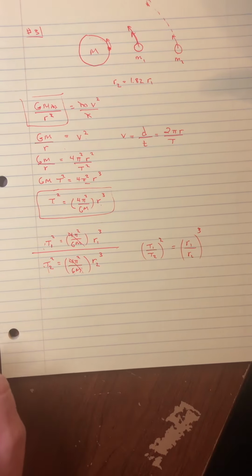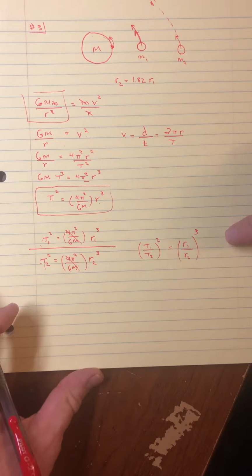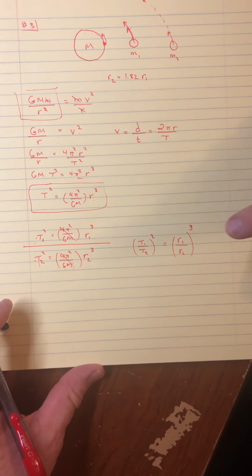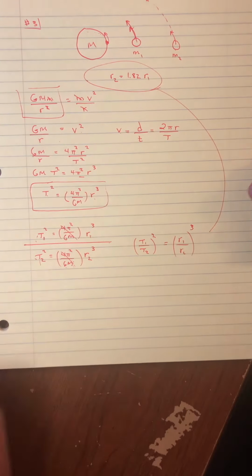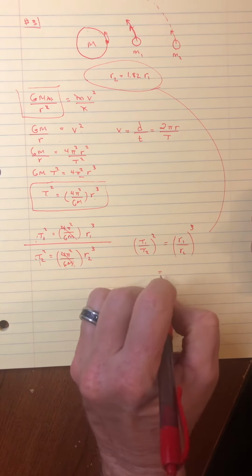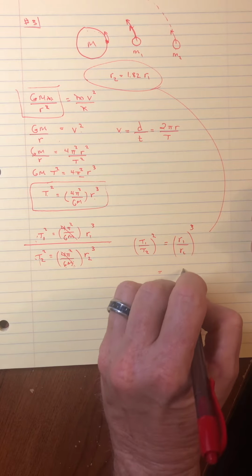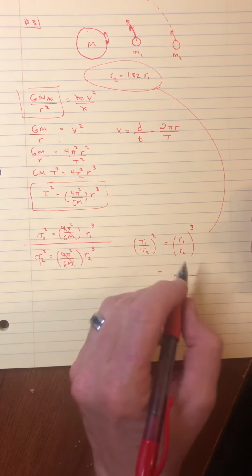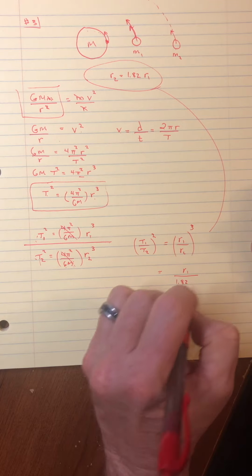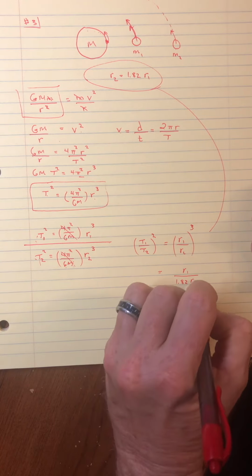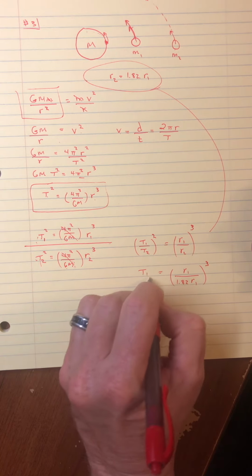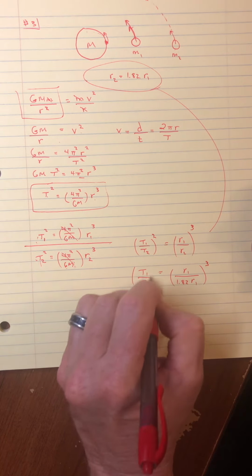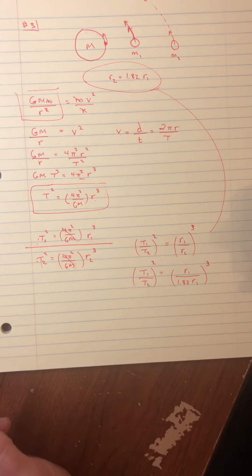So this is really where we want to start our calculation, because remember earlier on they told us this ratio. So this would say that if I left R1 in the top and replaced R2 with 1.82 R1 and I cubed it, I would have the ratio of the times squared.